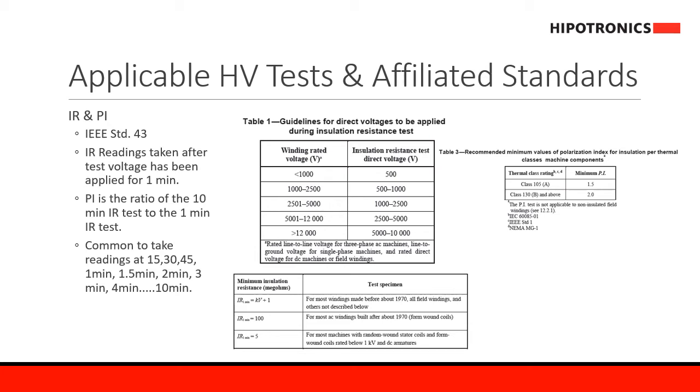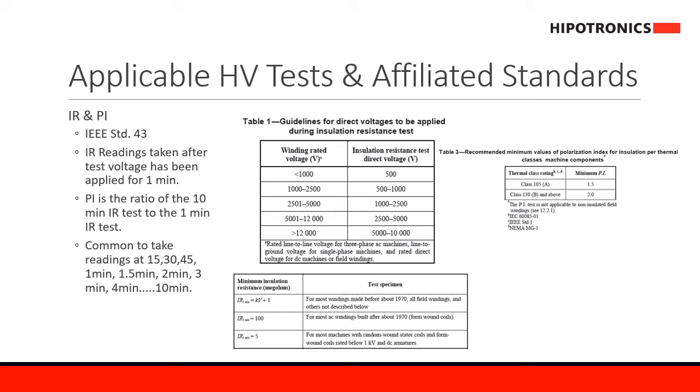The insulation resistance reading is taken after the test voltage has been applied for 1 minute. At the same time, the polarization index is the ratio of the 10-minute insulation resistance test to the 1-minute insulation resistance test. It's common to take readings at 1 minute, 1.5 minutes, 2 minutes, 3 minutes, up to 10 minutes.